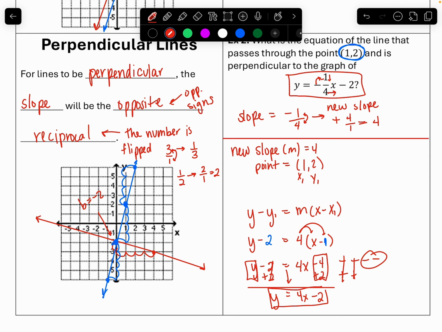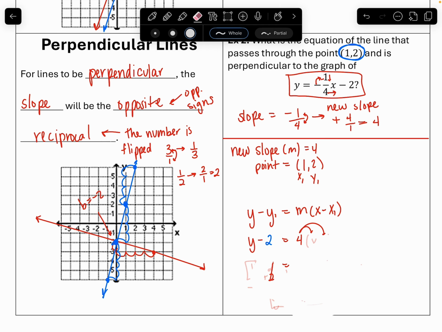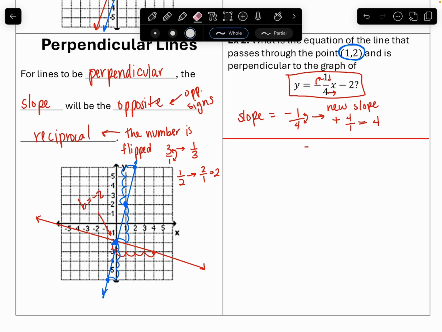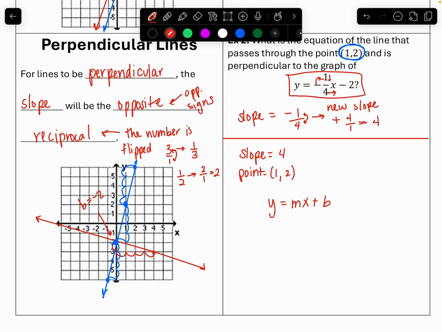Now the last equation that we can do is this. We already found our new slope, right? Slope is 4. New slope is positive 4. And again, we are given a point, 1, 2. Here we can use the mx plus b. This is my x, this is y.